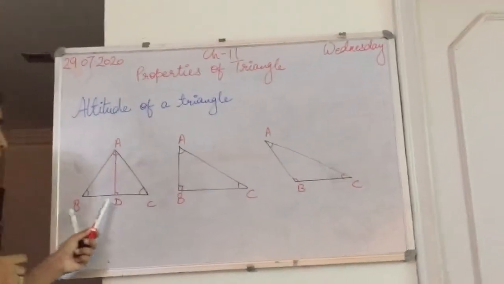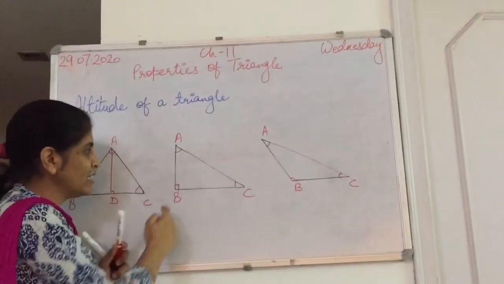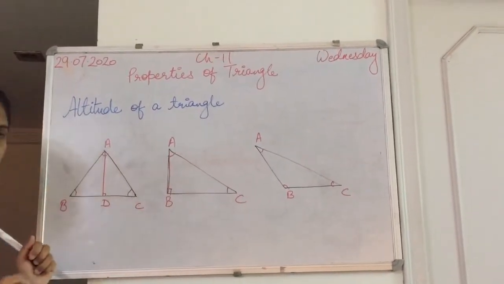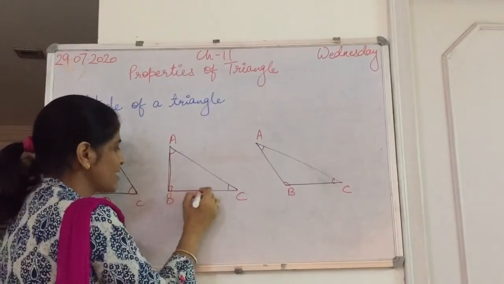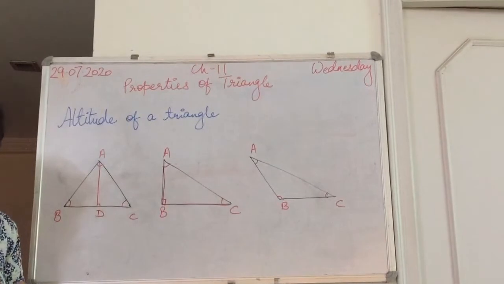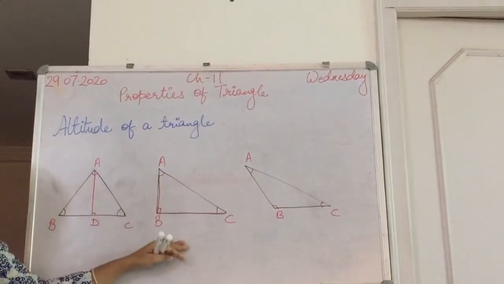Clear? Because it makes an angle of 90. Whereas in the right angle triangle, you can see a perpendicular is already drawn, so the side itself will become the altitude of it. Clear? Because it makes 90 degrees from one vertex to the opposite side.